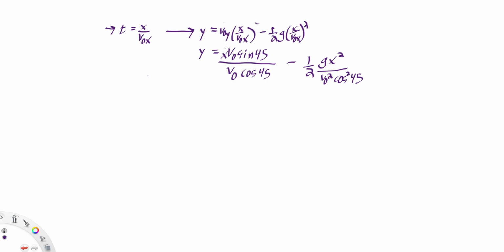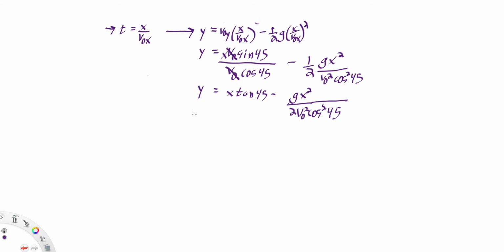All right, so in the first term on the right-hand side, the v naughts cancel. Sine over cosine becomes tangent. And we end up with basically the same expression for v naught.